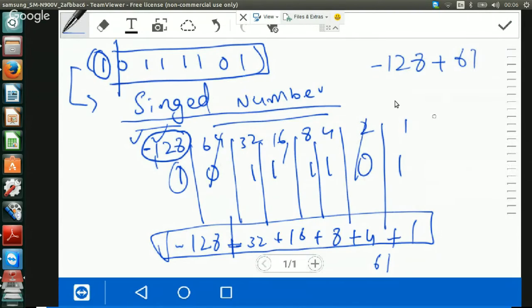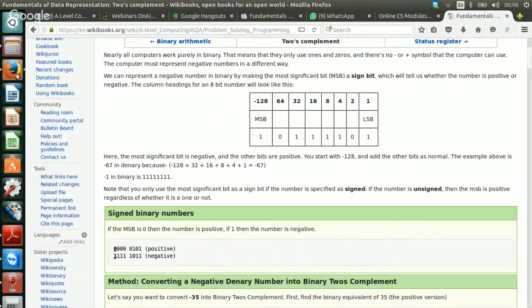So minus 67 is the answer. Let's check it. Minus 67 is the answer. So just like this, okay? That's pretty easy.